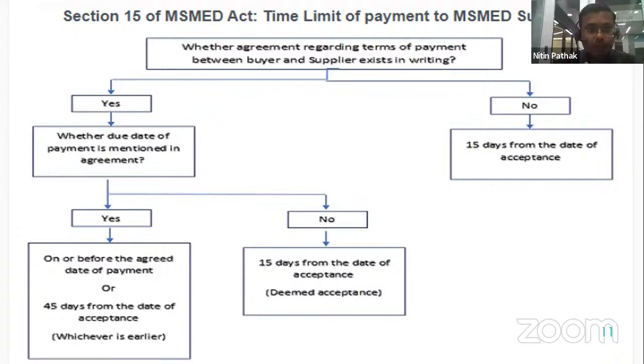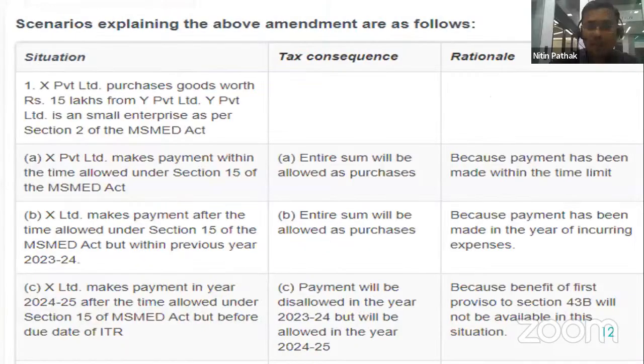Now, X Limited purchases goods, say 15 lakh, from Y Limited. Y Limited is a small enterprise as per Section 2 of the MSME Act.